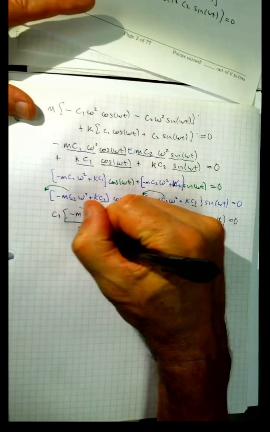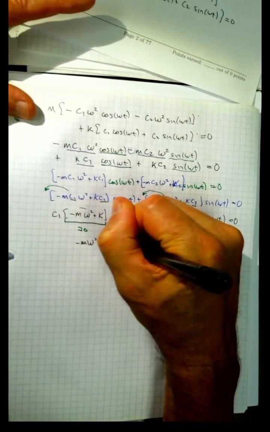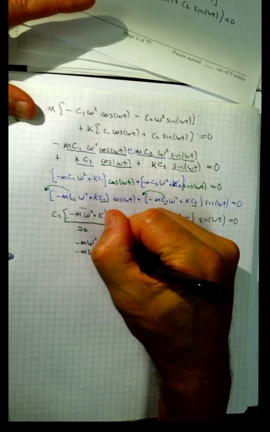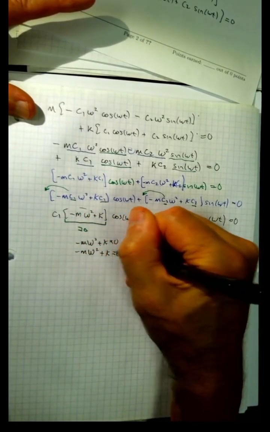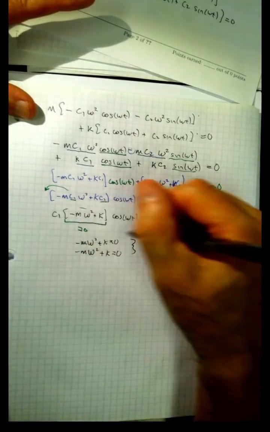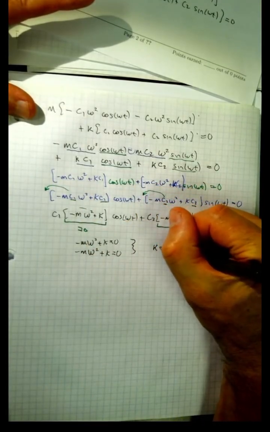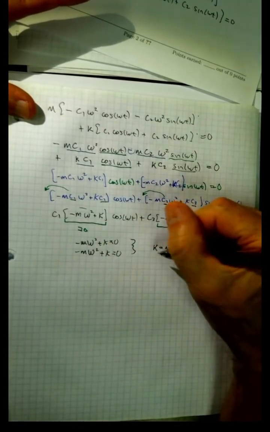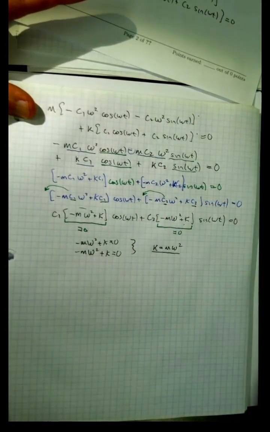So what is this? It says that minus m omega squared plus k equals 0. This one says minus m omega squared plus k equals 0. So those are the same equations. If I add m omega squared to both sides, I get that. So this is a solution if that condition is met.